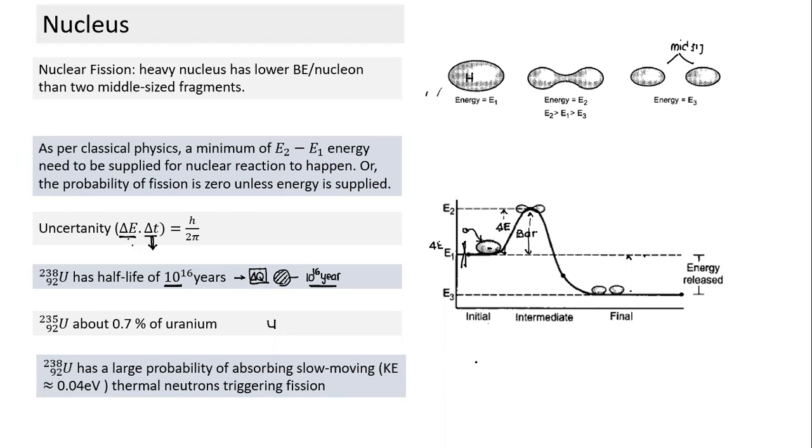What it means is, if we have a U-238 nucleus and bombard it with neutrons of low energy, what kind of energy? We call this low energy neutron a thermal neutron, and this kind of energy exists even at room temperature.